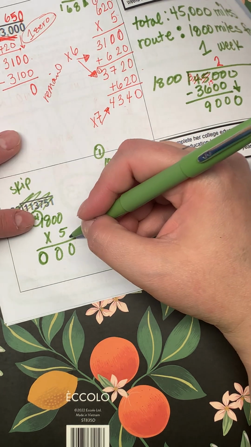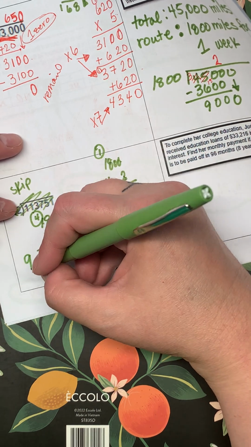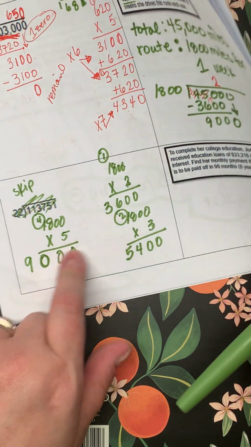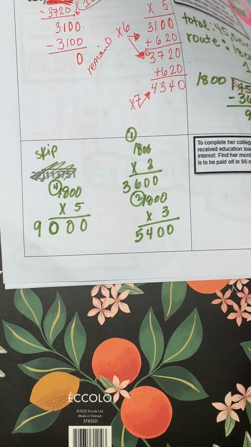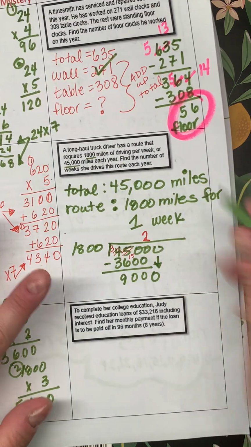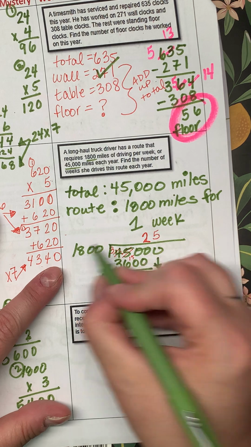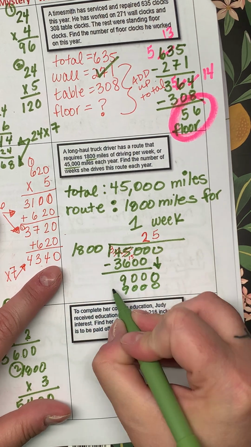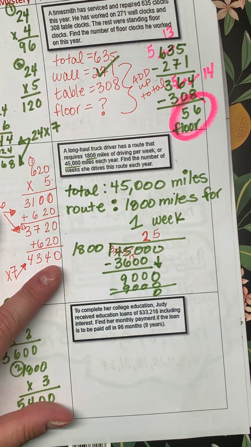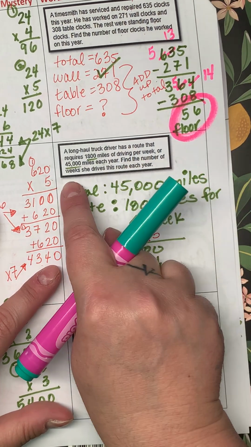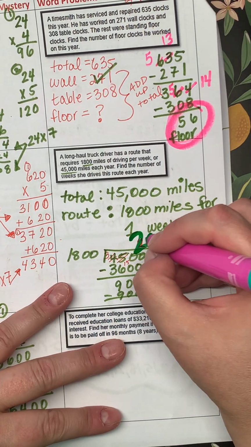Okay, and then we say 5 times 1 is 5. Plus that 4 is 9,000. Oh my goodness, that's what we were looking for. Look. So 1,800 goes into 9,000 5 times. So we write 5. Then we write that 5 times 1,800 is 9,000. Subtract down, we got a remainder of 0. All right, so the question was, find the number of weeks she drives this route each year. Well, 25 weeks.